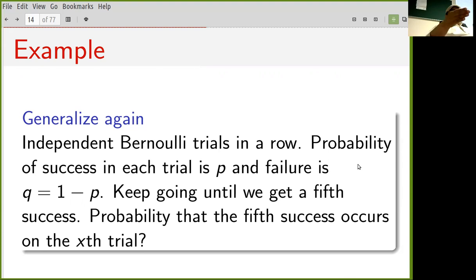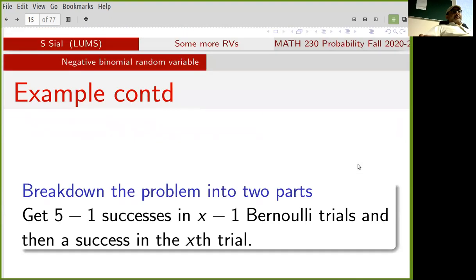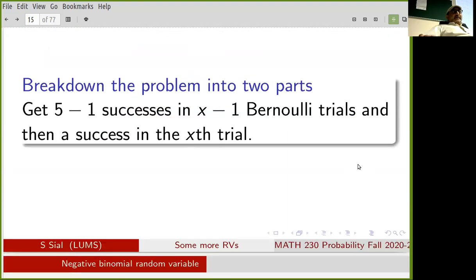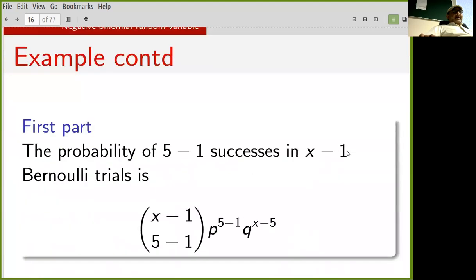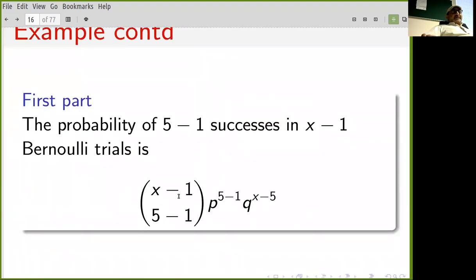And then on trial number X, you have to have a success. You have to have that final 5th success. So 5 minus 1 successes in X minus 1 Bernoulli trials, then a success in trial number X. How many ways?